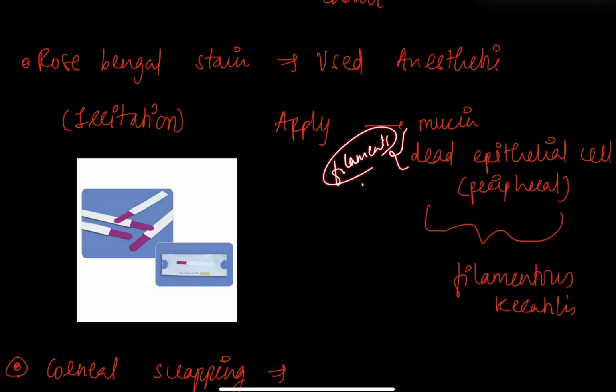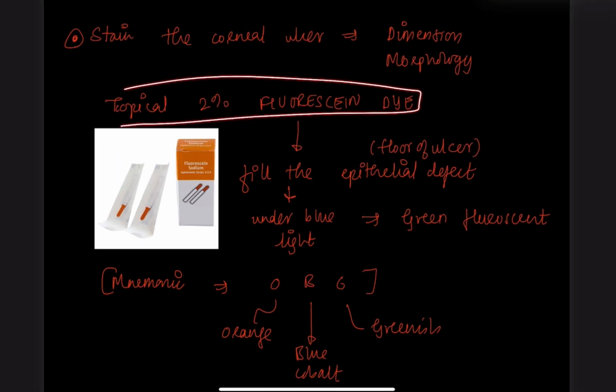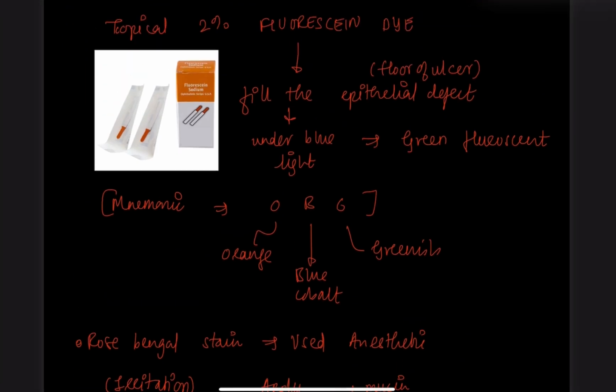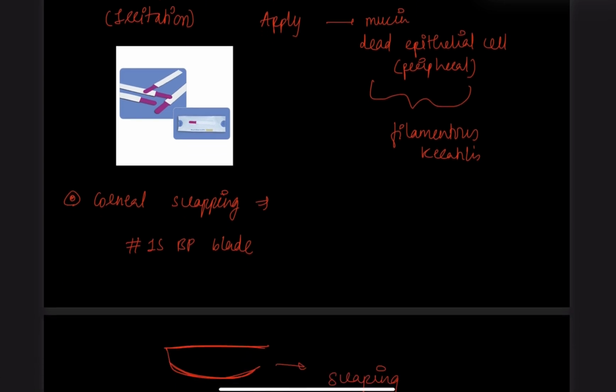So it is only done in filamentous keratitis, not otherwise because of its irritation. Mostly when asked, you have to write it is a topical fluorescent dye. Rose Bengal 1% topical solution is used.